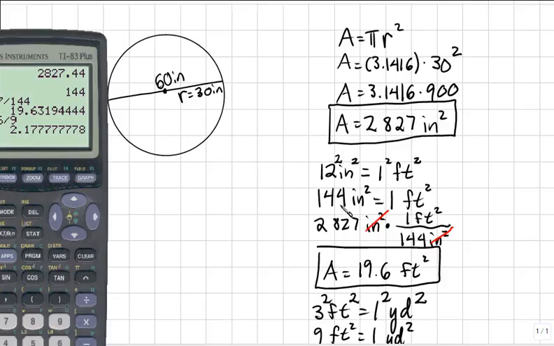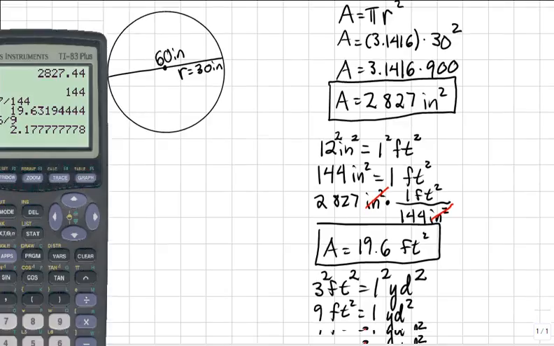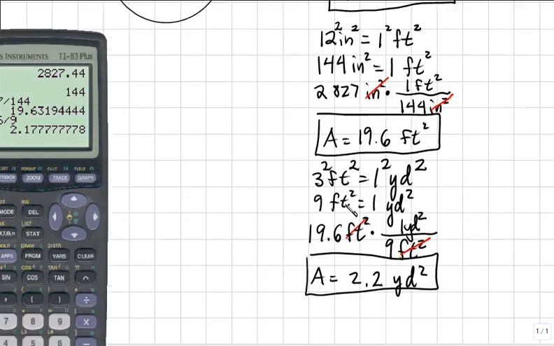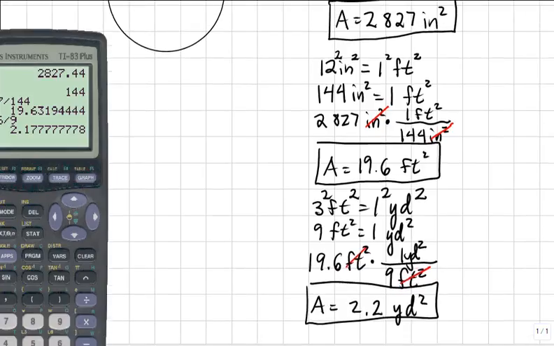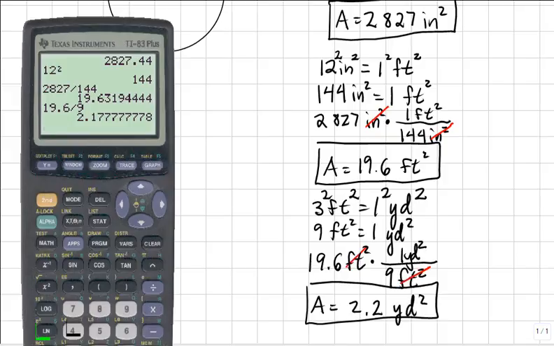Using a conversion of 144 square inches is 1 square foot, we converted this area to 19.6 square feet. Using the fact that another conversion would be 9 square feet is 1 square yard, we converted this area to 2.2 square yards. So these are the 3 answers that we were interested in. That's our final answer.